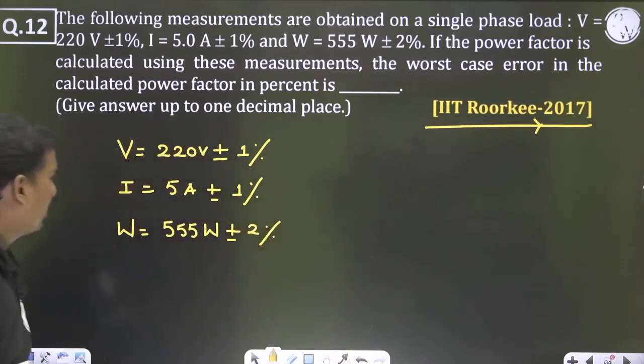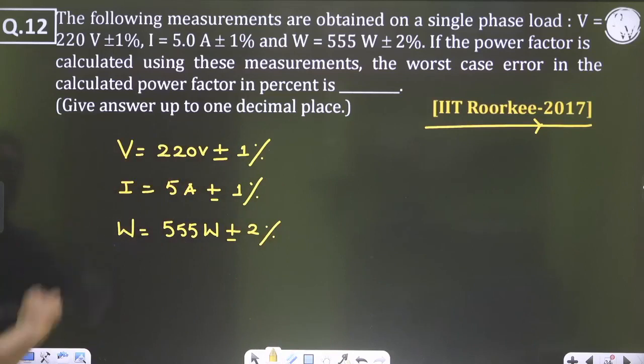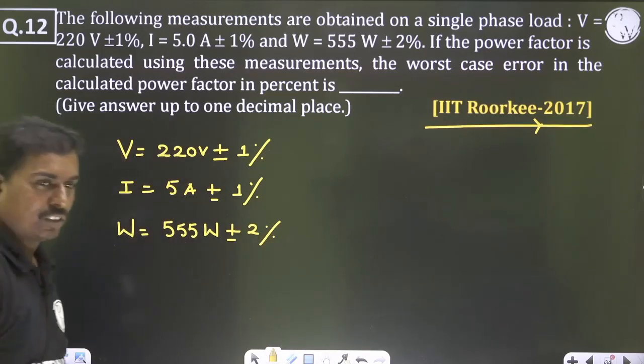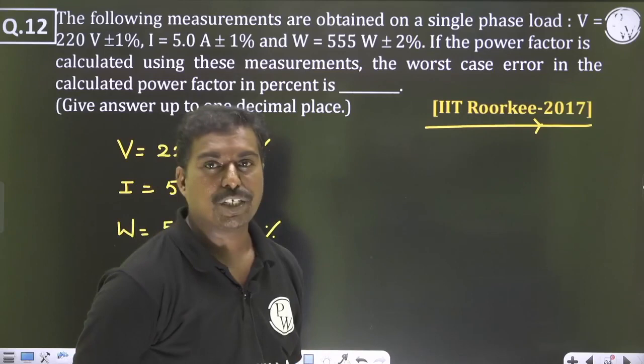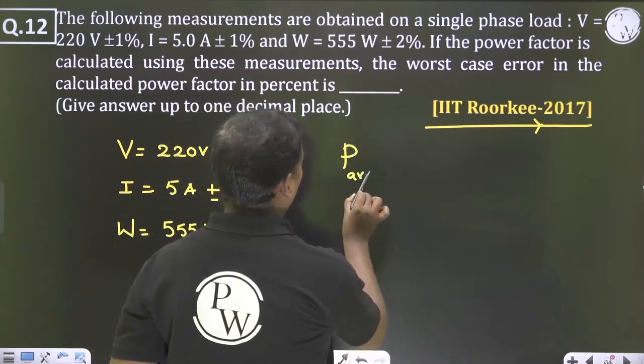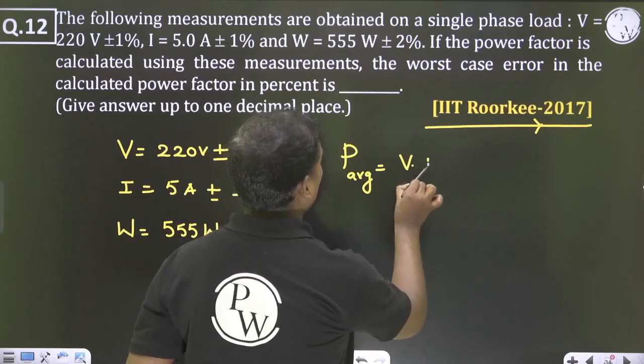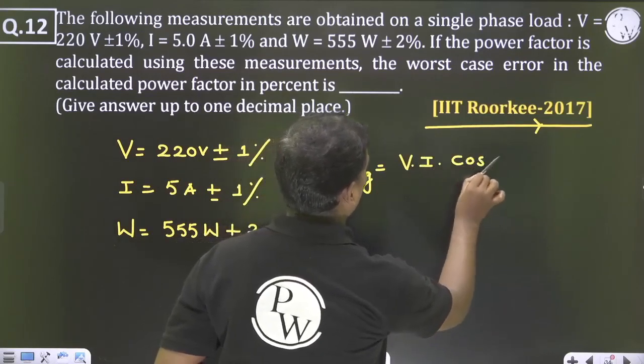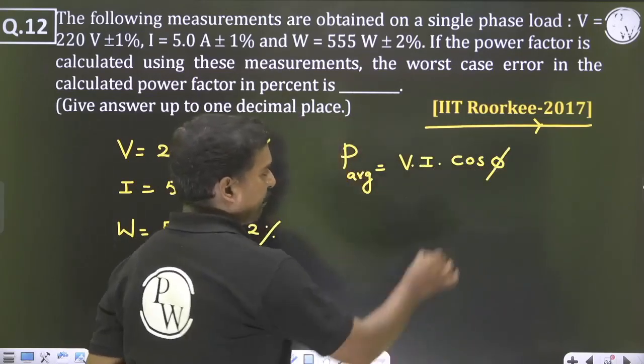This is the voltage, this is the current, and this is the power. If the power factor is calculated using these measurements, the worst case error in the calculated power factor in percent is dash. My dear students, you know the average power formula, V into I into cos phi. So this cos phi is the power factor.